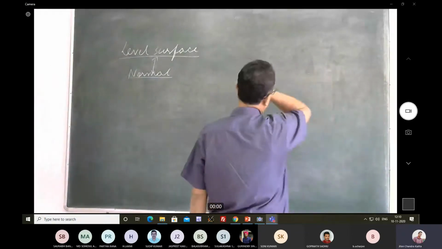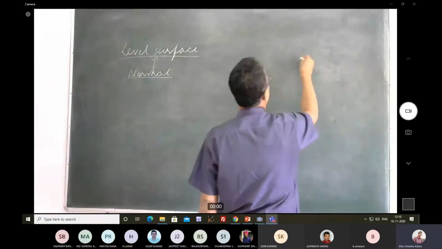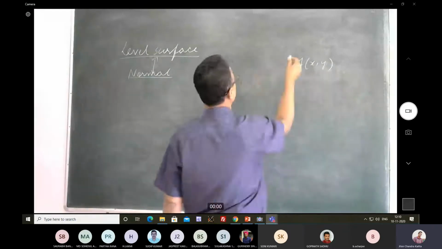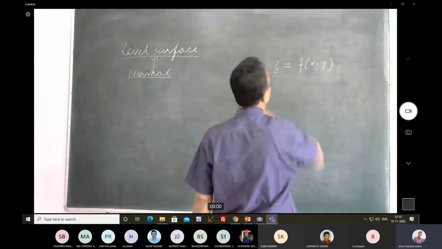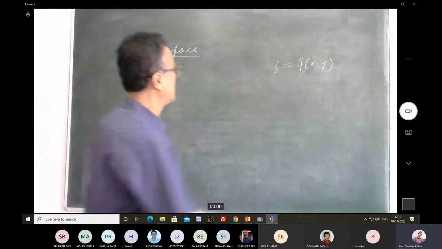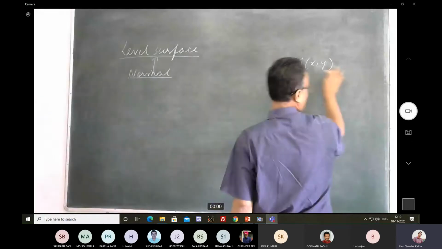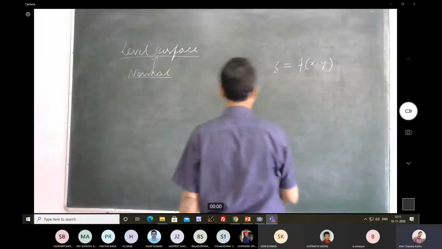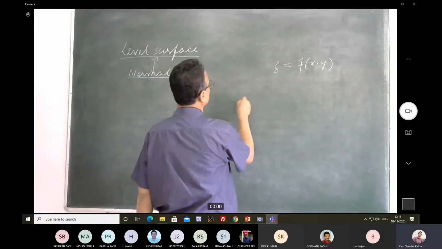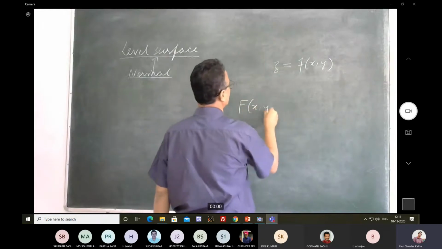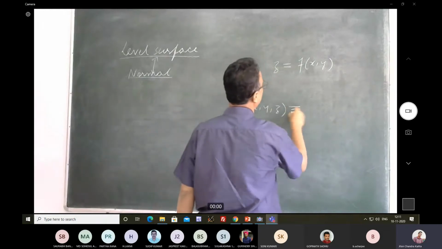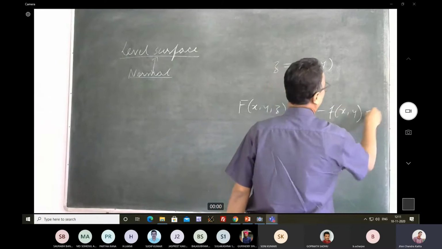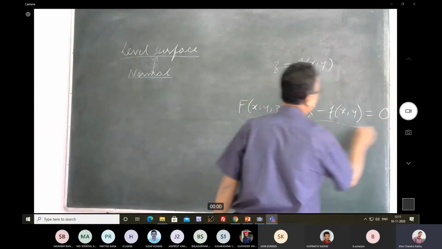As I have told you, the graph of a function of two variables definitely represents a surface, right? And this surface itself, you can define in terms of a level surface like this.